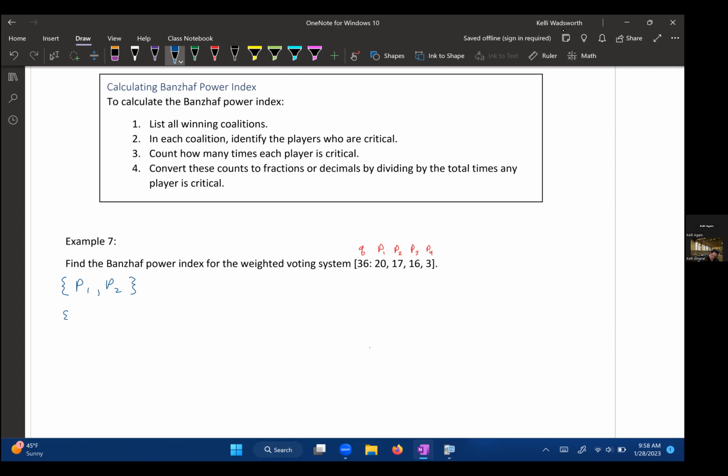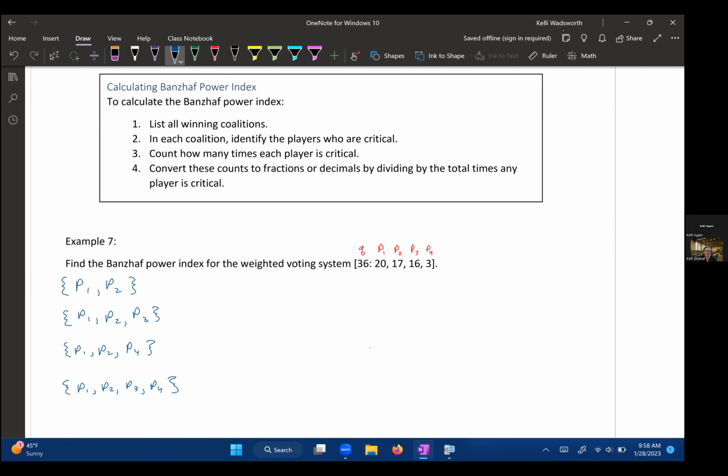If we have player one and player two, and we add player three, that's also a winning coalition. Player one and player two, let's add just player four. That's also a winning coalition. And of course, if we had players one, two, three, and four, that would also be a winning coalition. Bam. Those are all winning coalitions that contain player one.